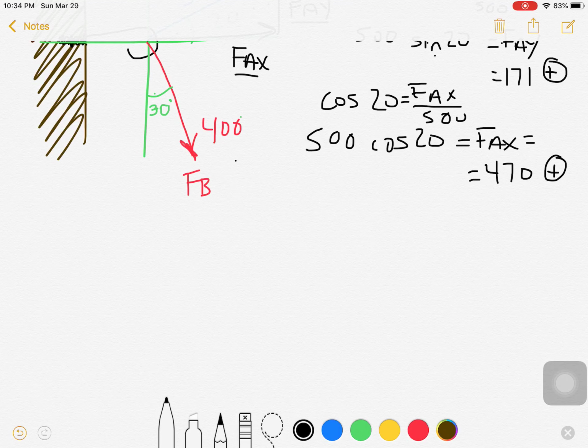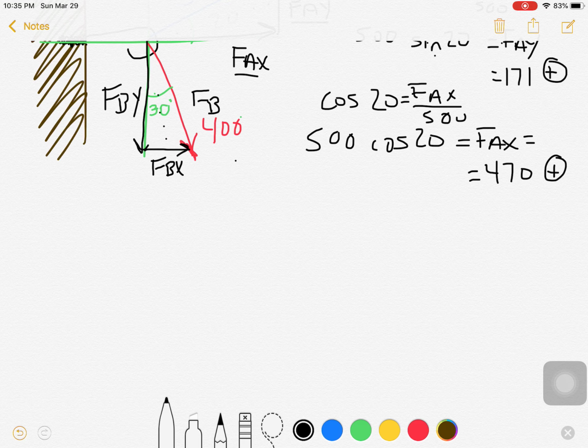Now, let's go ahead and look at force B. So force B is composed of its constituent parts too, which we'll call force B in the y direction and force B in the x direction. Force B itself, of course, being the original 400 pounds. So we'll do the same thing we did before.